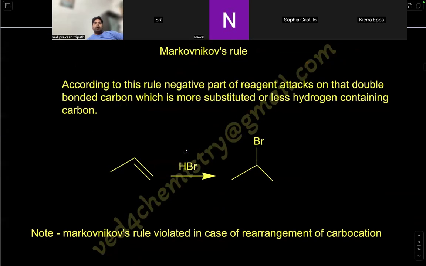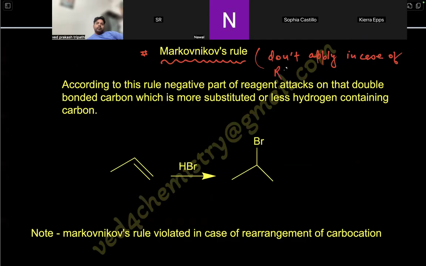Next is Markovnikov's, very, very important concept. But I would like to add here, don't apply it in case of rearrangement. I'll give you the example for the rearrangement case as well.